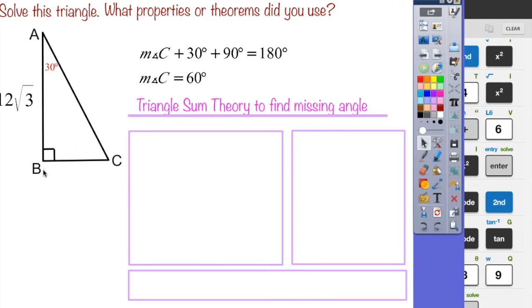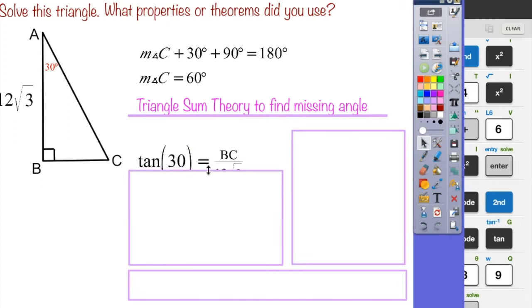Now, we are missing side BC and side AC. Since this is my 30-degree angle, AC is my hypotenuse because it's directly across from the 90-degree angle, and BC is opposite from 30 degrees.